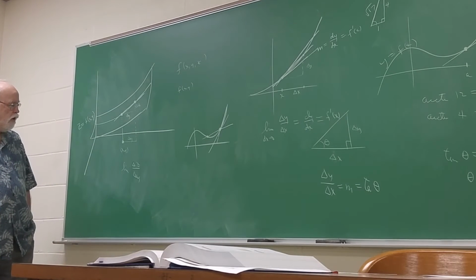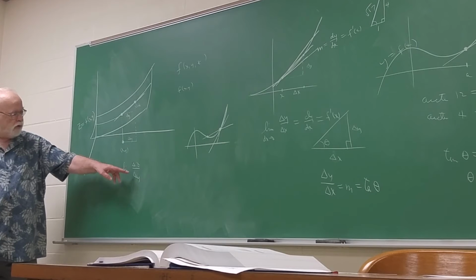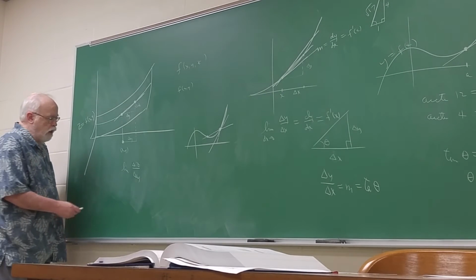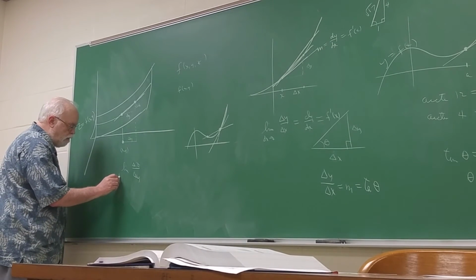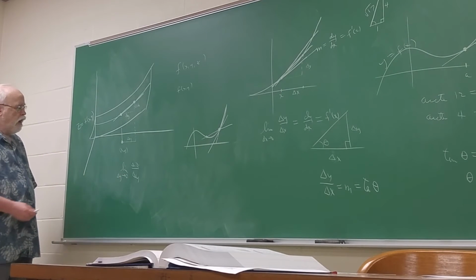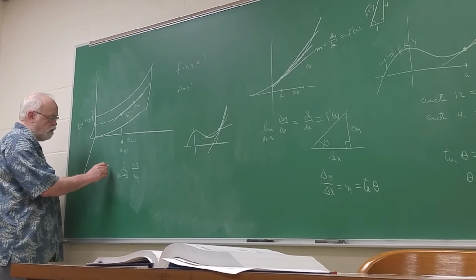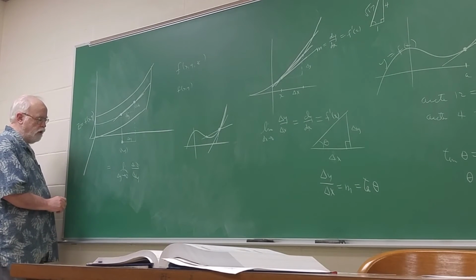Y and x are both independent variables, so those increments belong on the bottom. And I'm going to take the limit as delta y goes to 0. And that then is our derivative.